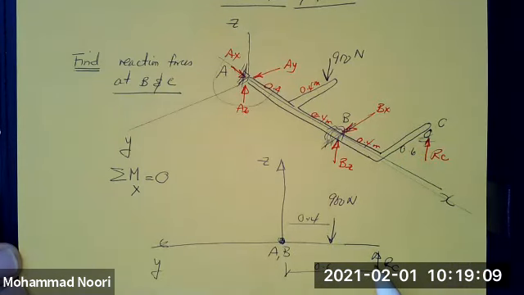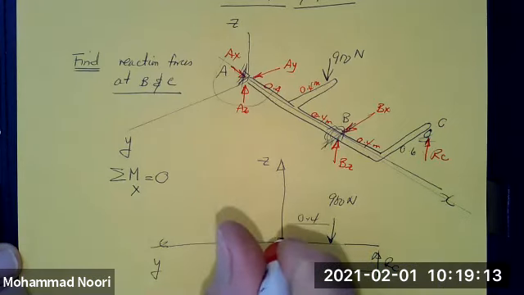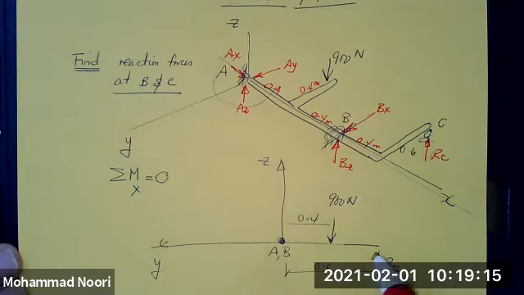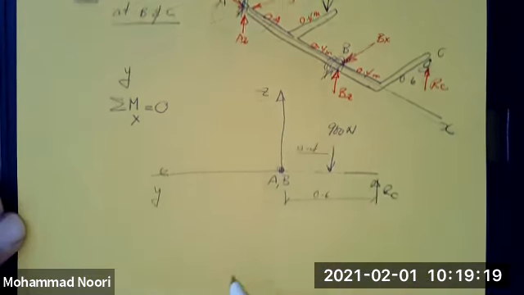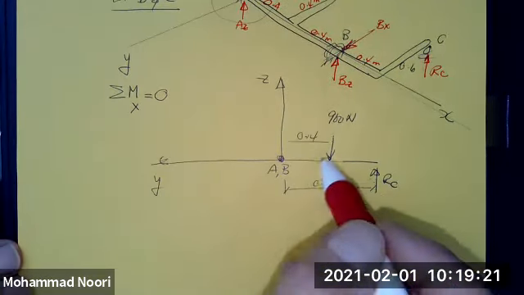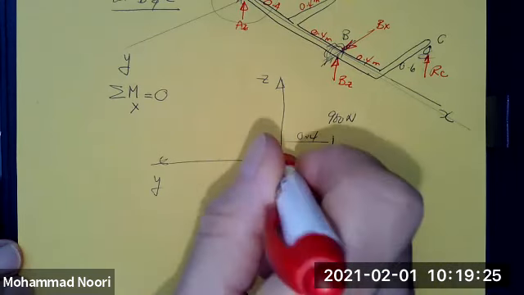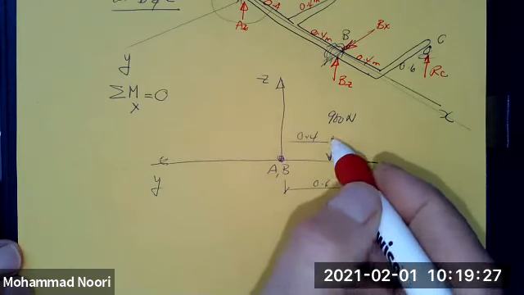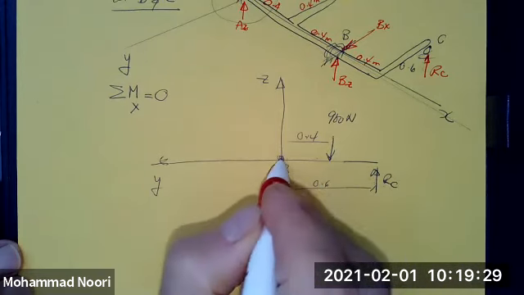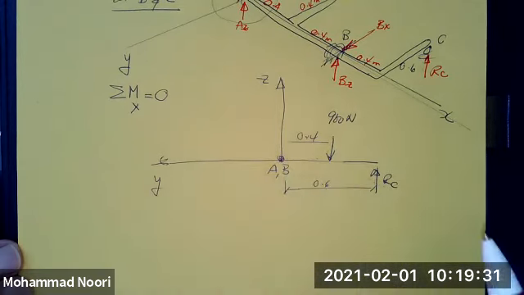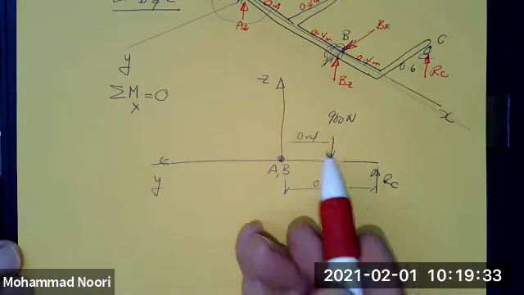I want to take the moment of these about this axis. So as you can see, the problem is reduced to a two-dimension case. That moment of this force and this force about this axis is basically finding the moment of these about point A. So that problem is quite simplified.